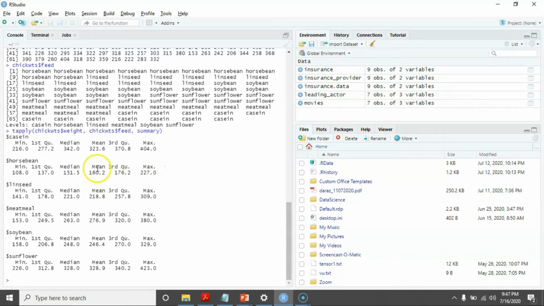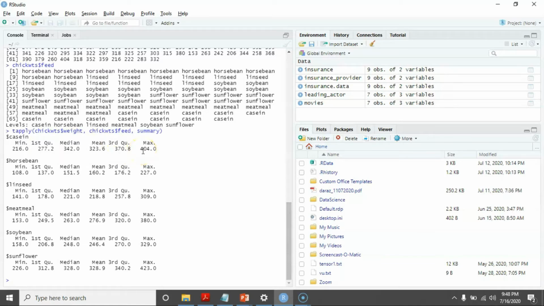Okay, on average, yes, you can see here as well. This is mean, this is mean, this is min, and this is maximum. So if you see, first, the minimum weight is quite good, 216, and the maximum goes up to 404.